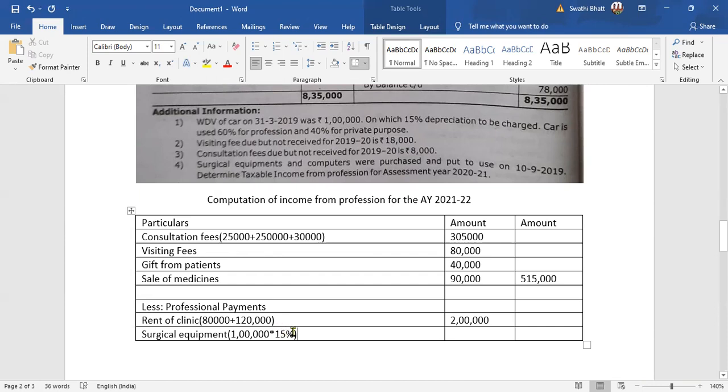In that case, only half of 15% can be claimed. So how long you have used a particular asset is very, very important, based on which we calculate depreciation. In this case, the amount of depreciation will sum up to 15,000.